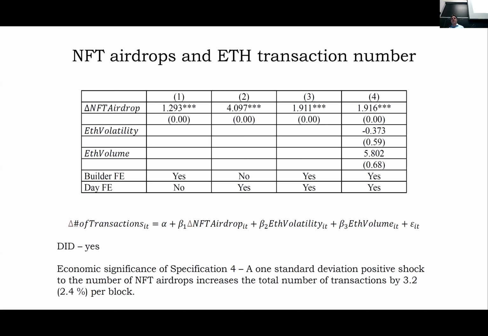What you see in these regressions is that the coefficients on the change in the NFT airdrop are always positive, which essentially means that if you have a larger number of NFT airdrops on Ethereum relative to Polygon, this is causing a larger number of transactions in Ethereum relative to Polygon. So it's increasing the number of transactions, right? And this is controlling for the fact that congestion is larger in Ethereum but lower in Polygon. So this must be due primarily to congestion, because we are also taking the difference with respect to Polygon.